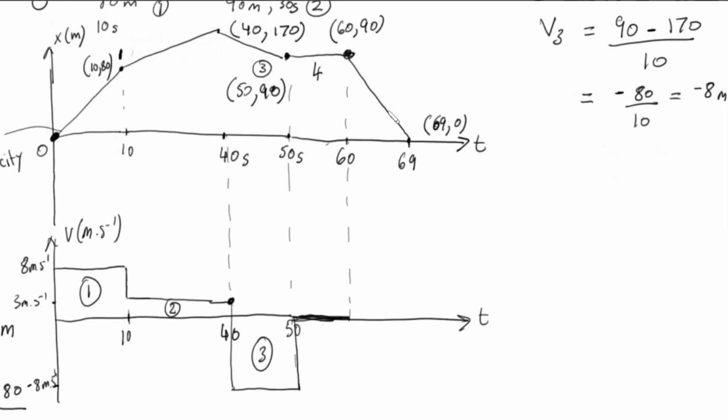And the velocity during this last stage, which we'll refer to as stage number 5, is going to be equal to the final displacement, which is 0, minus what he started at, which is 90, or negative 90, divided by 9, which gives us a velocity of negative 10 meters per second. So we can go ahead and mark that down on our velocity time diagram as well. At which point he comes to a stop.